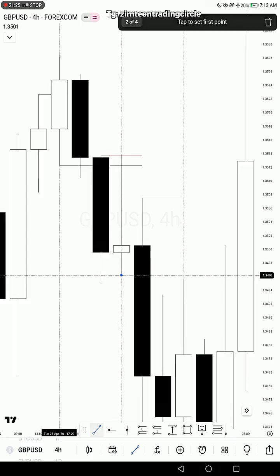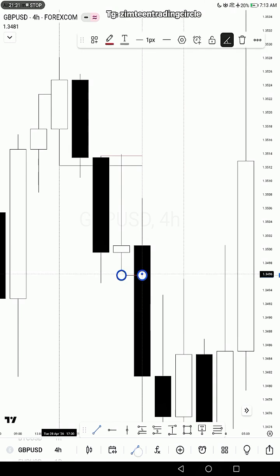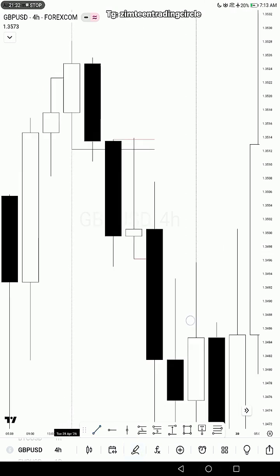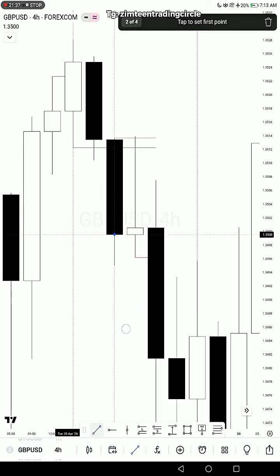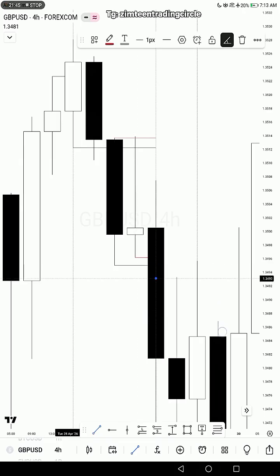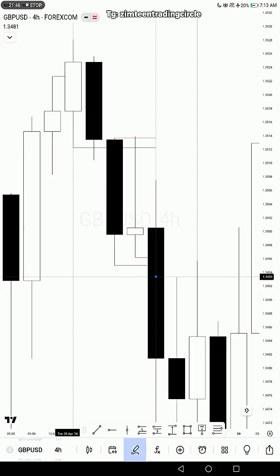Order flow, order flow, order flow. Don't trade against the trend. Trade in the rhythm of the trend. Flow with it. Now this is our second draw on liquidity. I know it's close to each other, but let's just respect it for the sake of this public video.